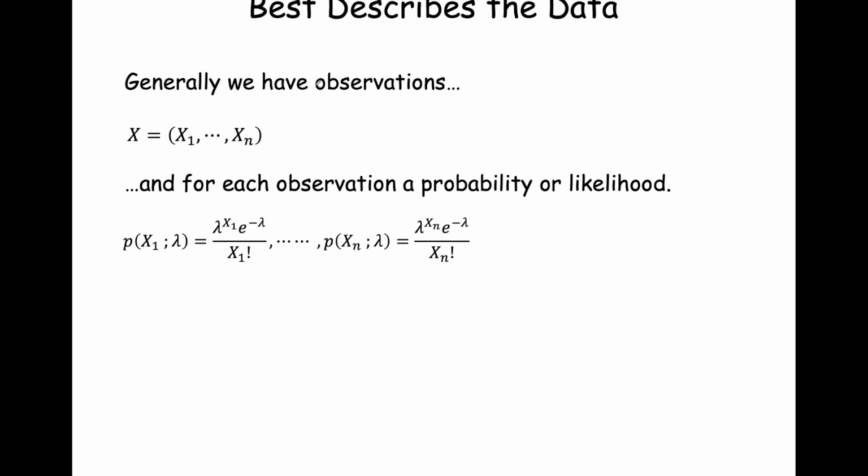So let's see how we put them together over our entire data set. We have our observations X. There's the first observation, the second, the third, the fourth, the fifth, and so forth. And for each observation, we have a probability, or sometimes it's called a likelihood. So we said P of X1 given lambda, where X1 was one person.